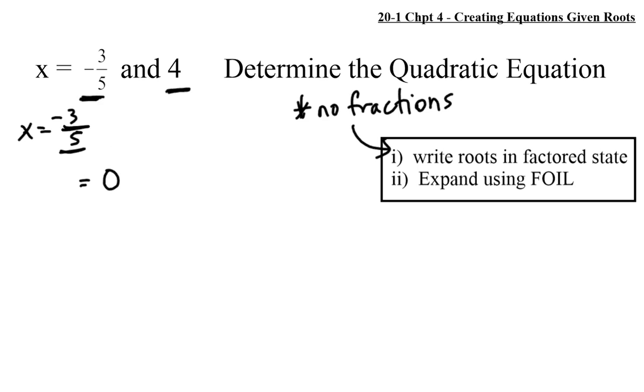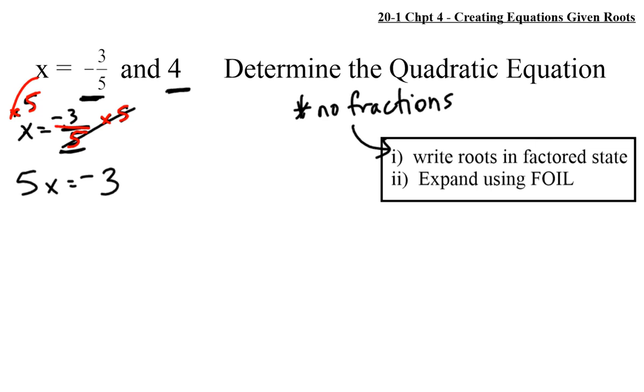Because we're dividing by 5 here, we need to multiply by 5 and multiply by 5. So what do we have? Well, this becomes 2 steps. We have 5x equals negative 3. Because this was divide by 5, we multiplied by 5.